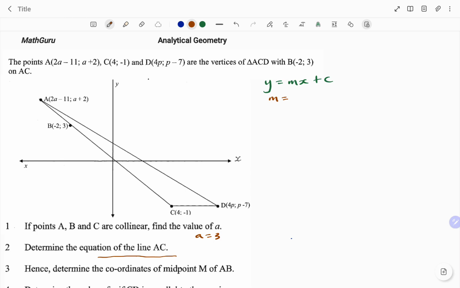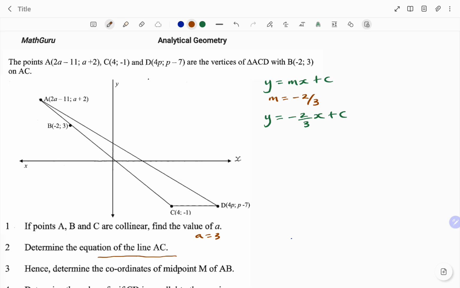We have that as -2/3. And because we are trying to find the equation of the line AC, I'm going to rewrite my equation: y equals -2/3 x plus c.